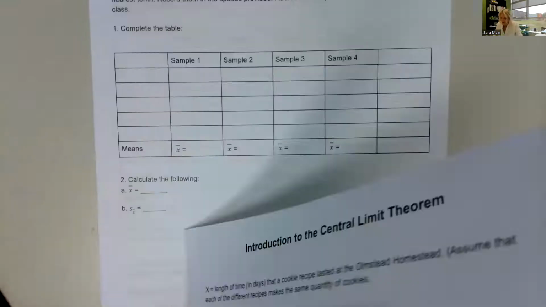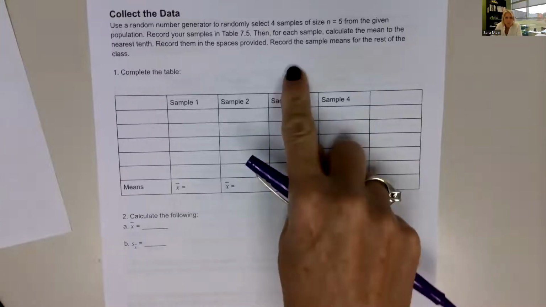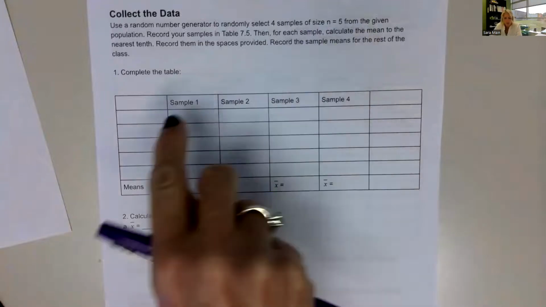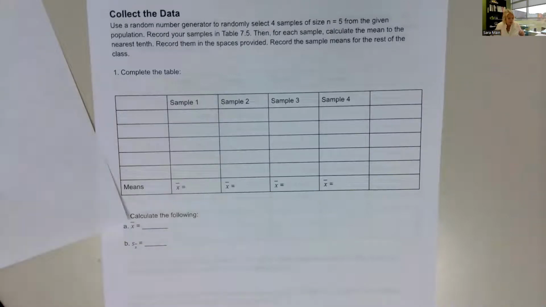Okay. Then I had the class do some random samples. So we did 4 random samples, and each of those samples consisted of 5 data points, randomly taken from this data right here. And we looked at those samples.